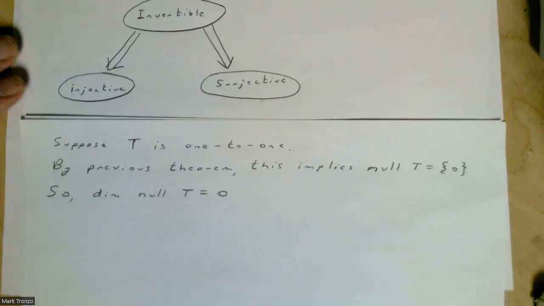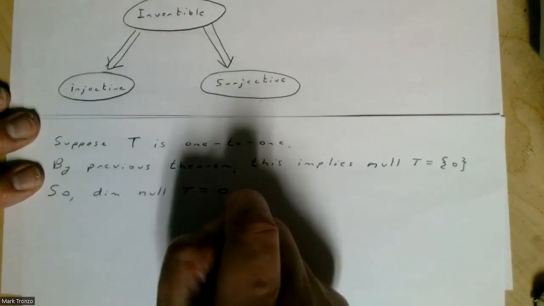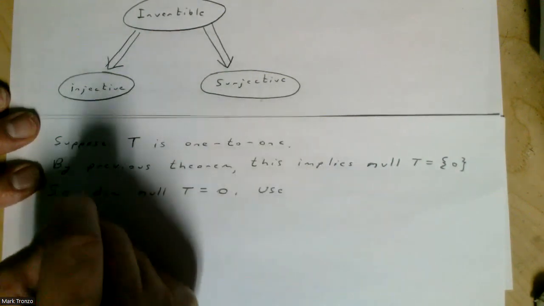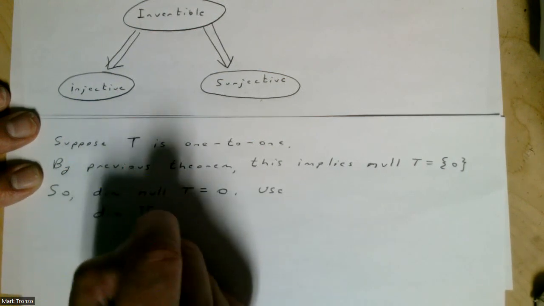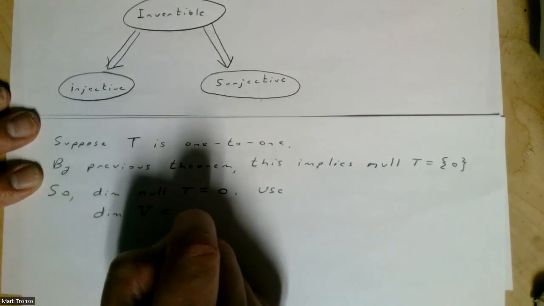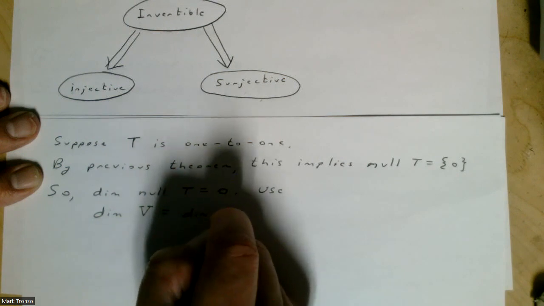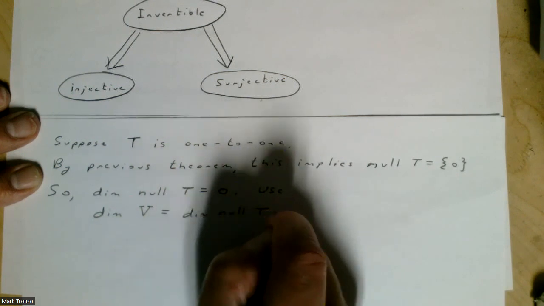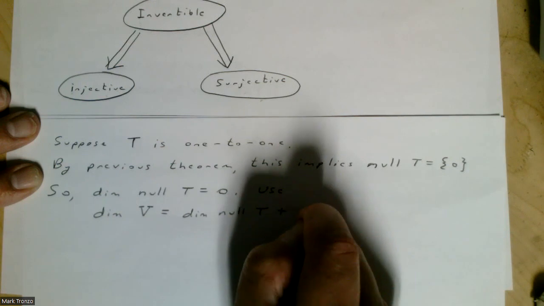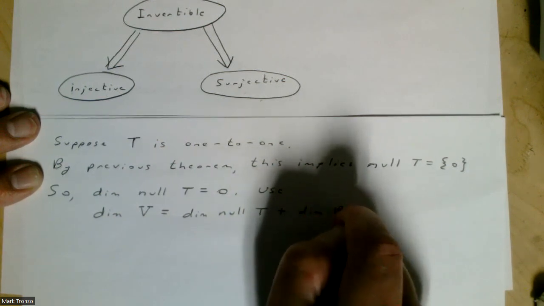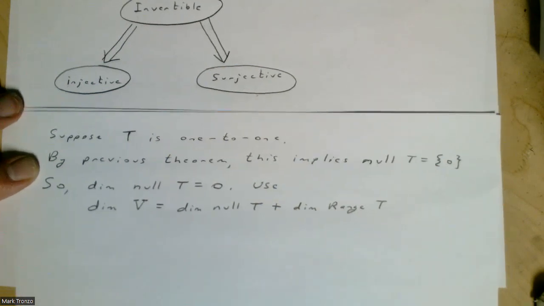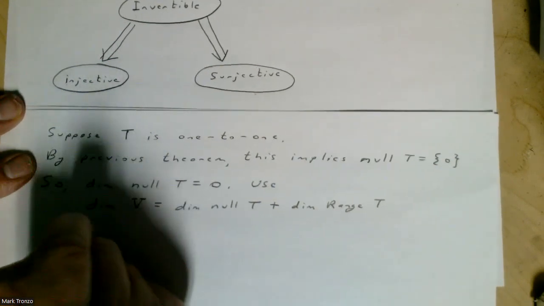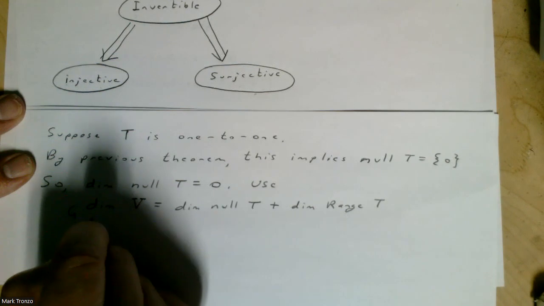Now we're going to use that equation that we had. The dimension of V is equal to the dimension of the null space of T plus the dimension of the range of T. So let's work with this.